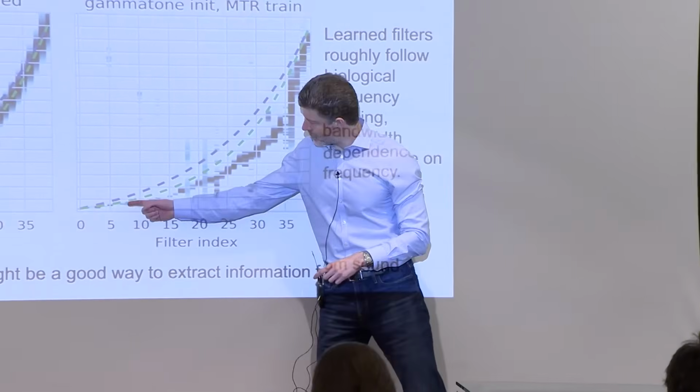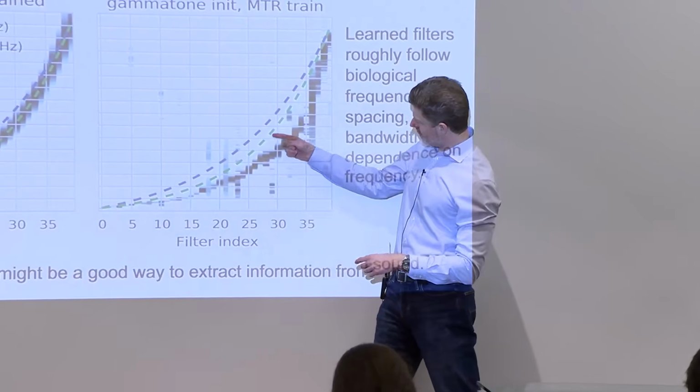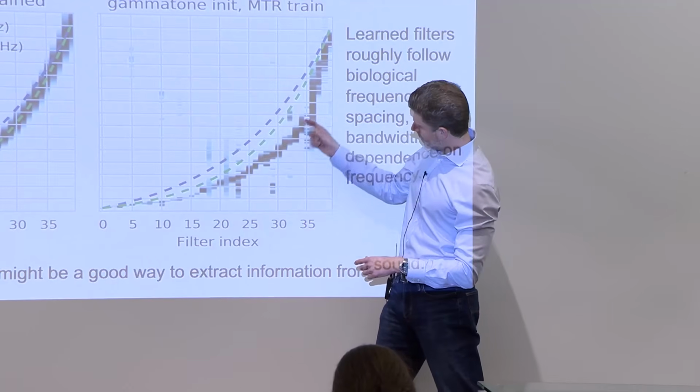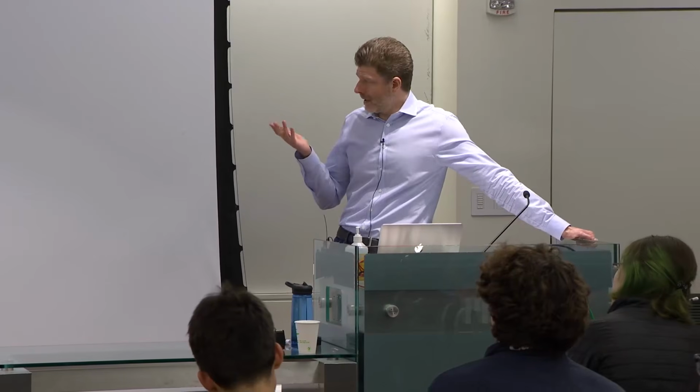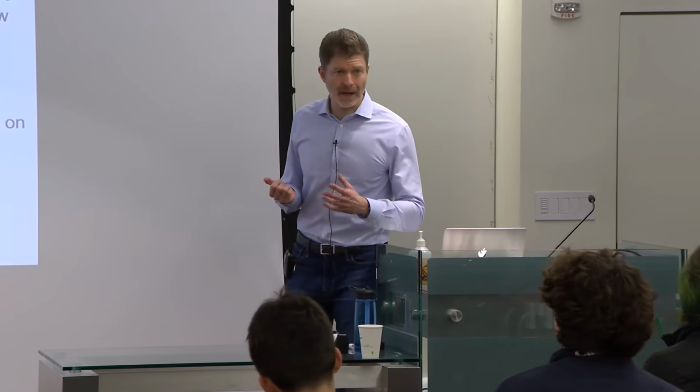And the distribution of frequencies is a little bit different, so you can compare the green curve here to the black curve here. It doesn't fall exactly on it, but it's not a million miles away either. So the inference we might make from this is that the filters in our cochlea might be a good way to extract information from sound.